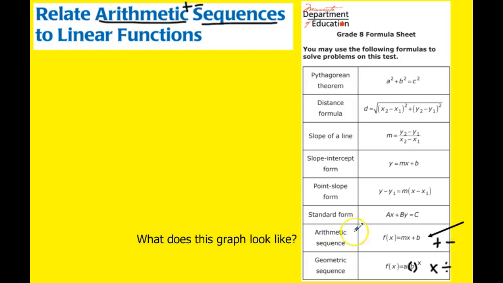So here at arithmetic, or adding and subtracting, this is actually in the form y equals mx plus b. Because in an arithmetic sequence, if I were to plot some points, they would form a straight line.